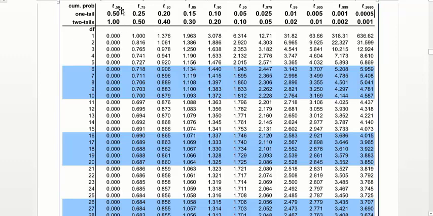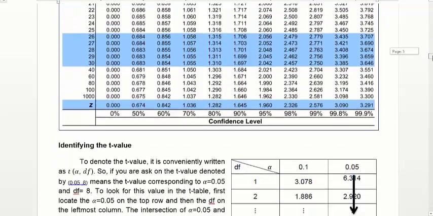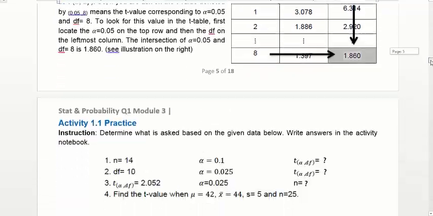For example, 0.50 on top and 0.50 here makes 1, right? 0.25 plus 0.75 is 1, 0.20 plus 0.80, okay. So, if the top row is not there, look at the one tail. Okay? So, that is how you can get the t-value using the percentile.